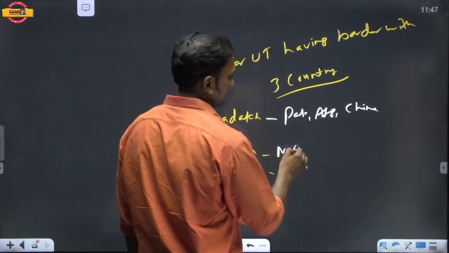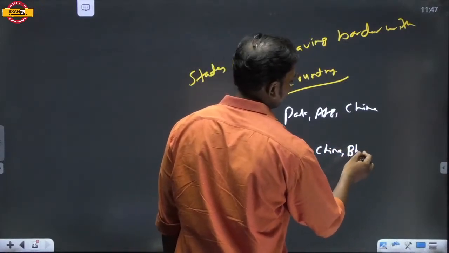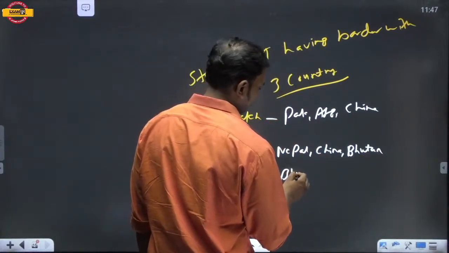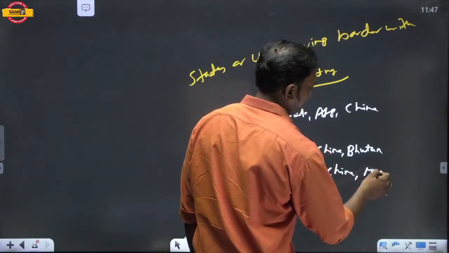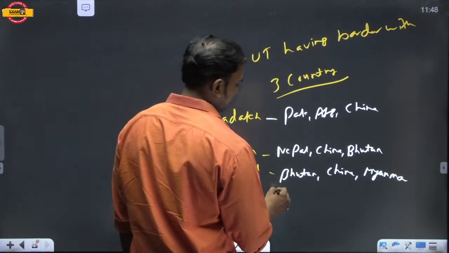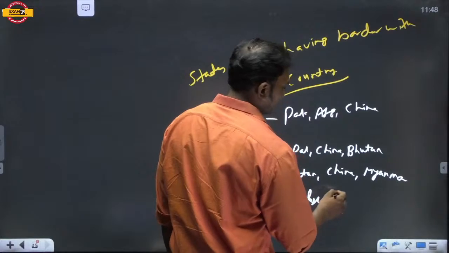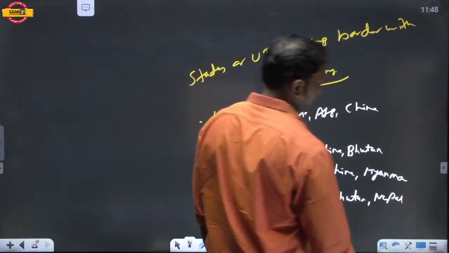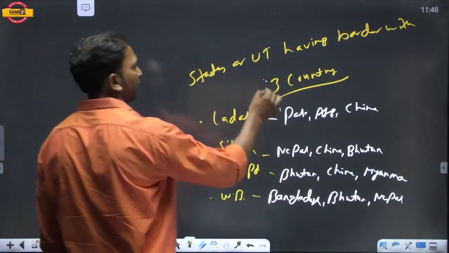Sikkim has Nepal, China and Bhutan. Arunachal Pradesh has Bhutan, China and Myanmar. West Bengal has Bangladesh, Bhutan and Nepal. So these are the states or union territories having a border with three countries.